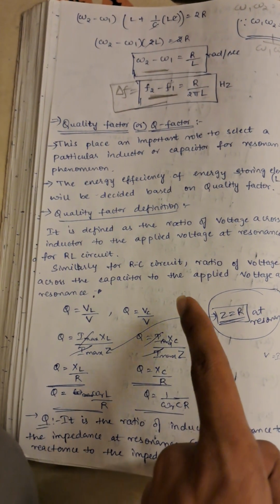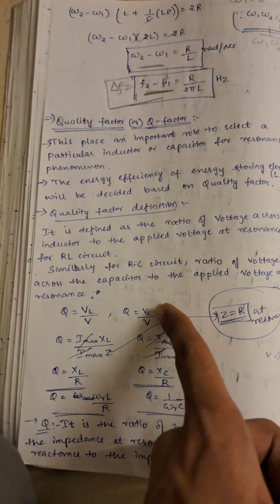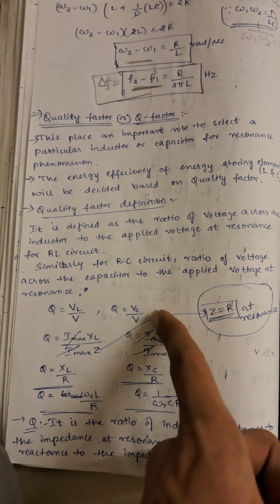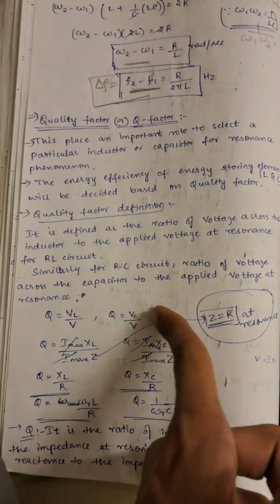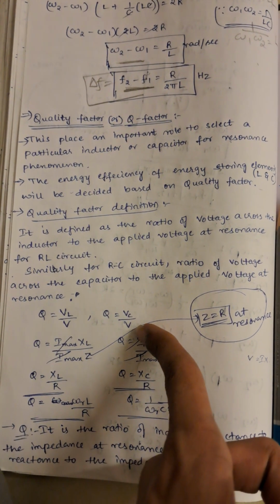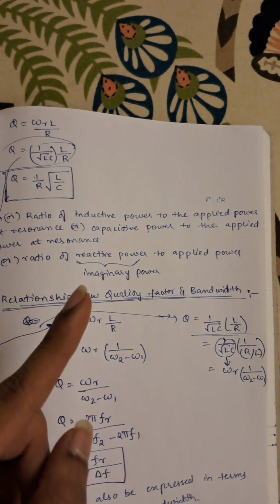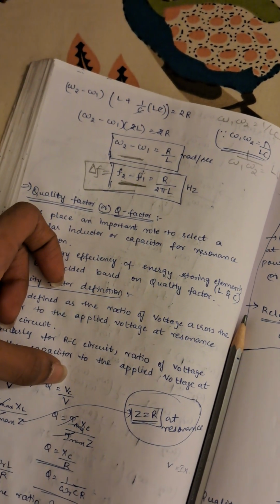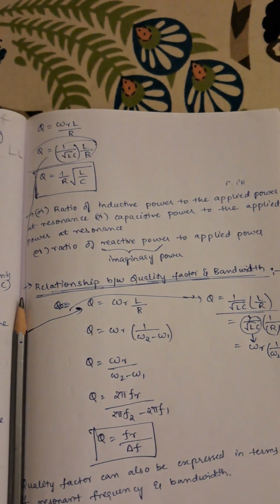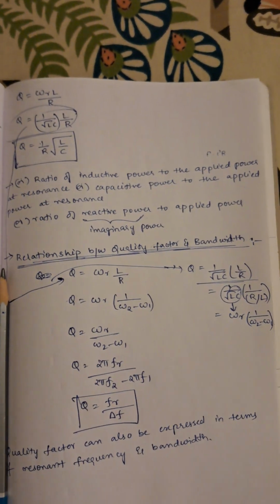If you multiply I on both sides, it becomes power. Or it is the ratio of the reactive power to the applied power. Reactive power means imaginary power, because inductive power and capacitive power are imaginary powers, right? That's why it is the ratio of reactive power to the applied power.